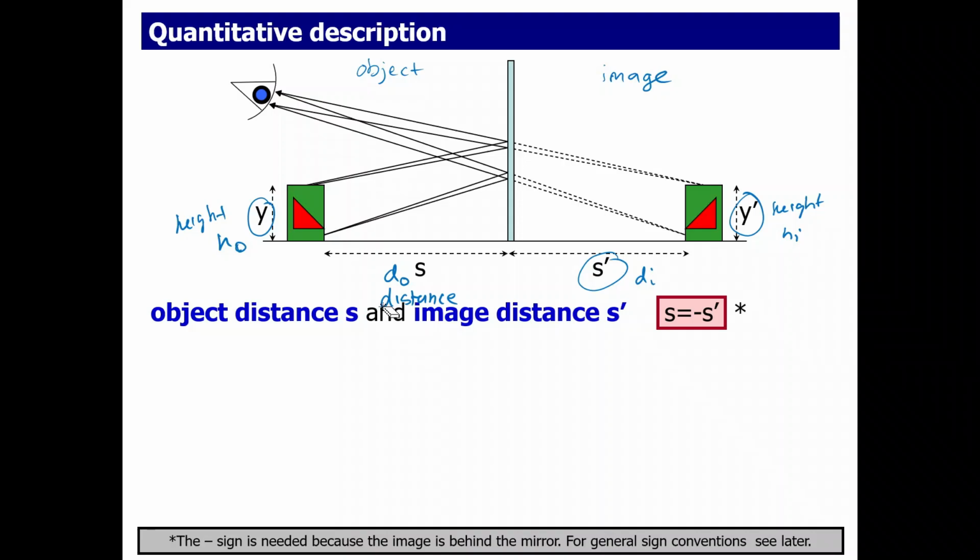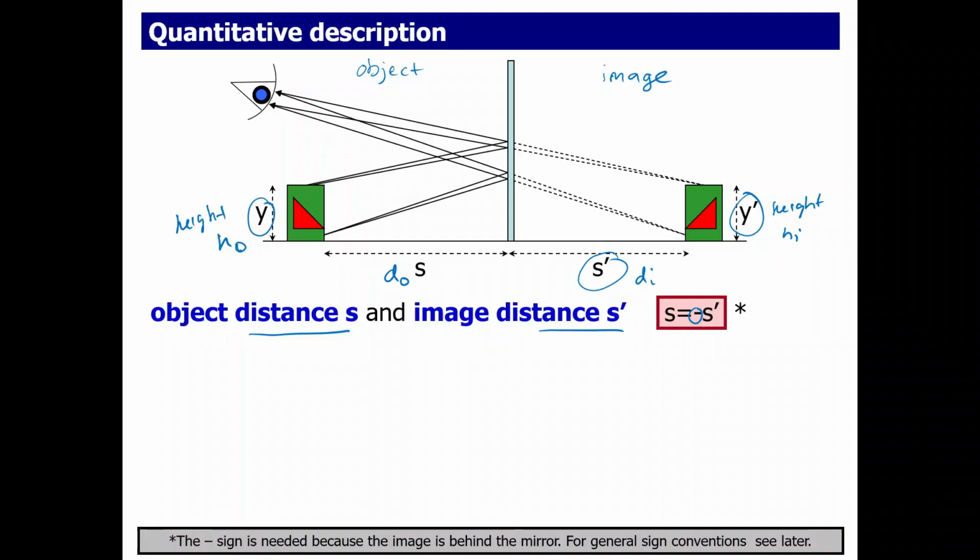So one thing that is true for a plane mirror, and this is for plane mirrors, we're going to look at the curved mirrors in a bit, but the object distance and the image distance are the same. But we use this negative to imply that we are behind the mirror. So the negative sign implies that we are behind the mirror. We'll talk about sign conventions as we go.